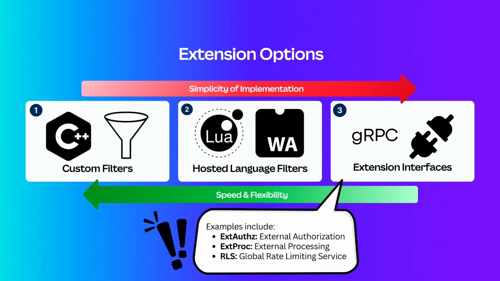In terms of the most complex, but also the most powerful and the most performant, we have custom C++ filters. You can go and write a C++ filter and build your own local distribution of Envoy, just like I talked about earlier with Nginx. I wouldn't recommend doing this as a first resort.